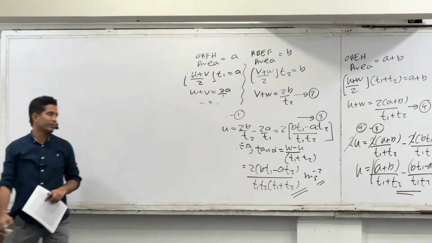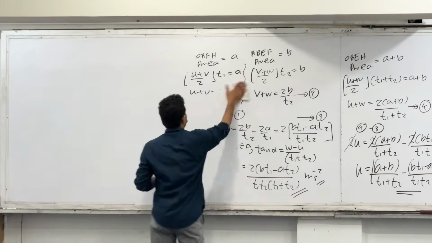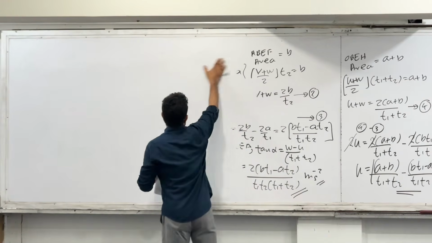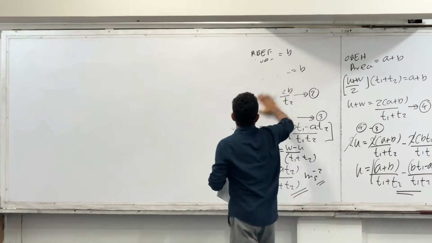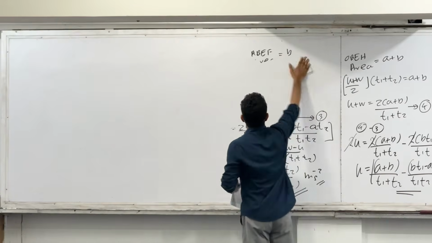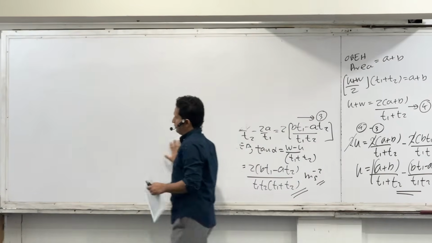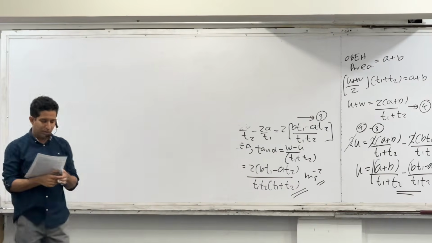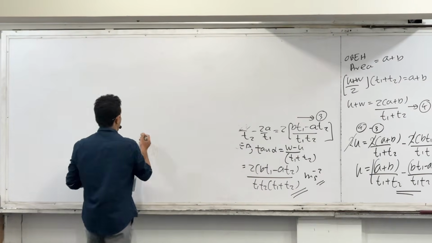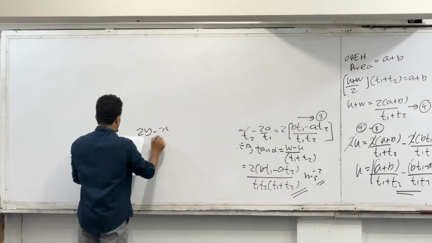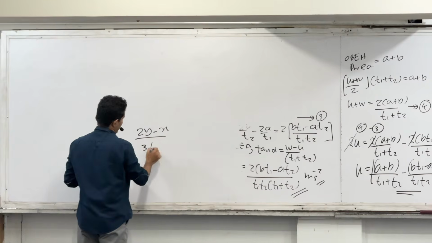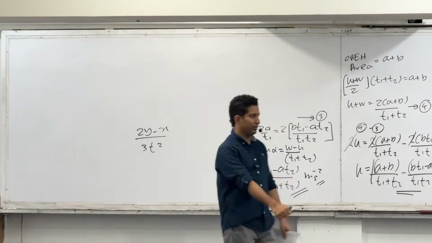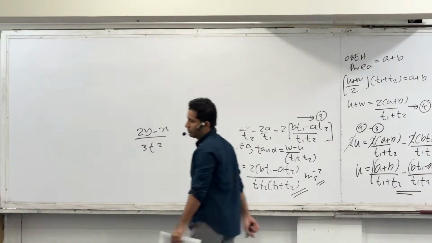Show that the uniform acceleration is 2y minus x divided by 3t squared.